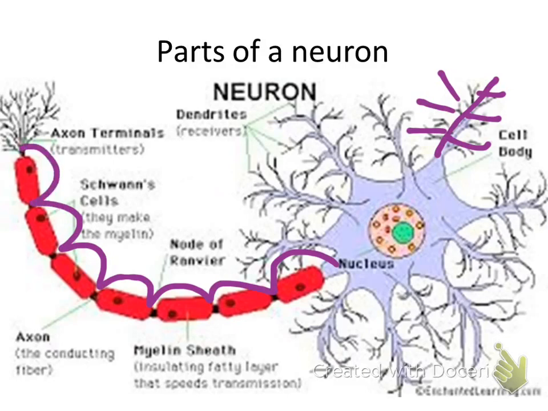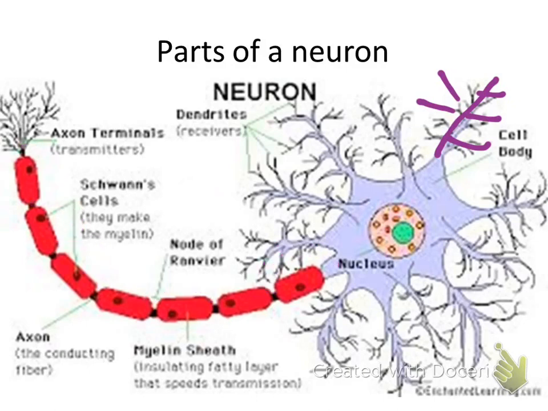So as the impulse is propagated down the axon, it has a saltatory conduction motion, which would be jumping. Okay, the end of the axon has an axon terminal right here, and that's what's going to release the neurotransmitter to the next nerve. So the terminal releases the neurotransmitter to the next nerve.